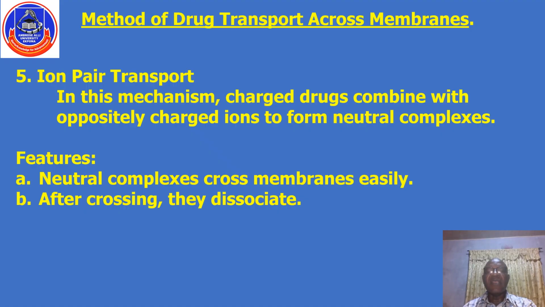The neutral complexes that are formed cross the cell membrane easily. After crossing the cell membrane, they dissociate into their individual components. The importance of this is that it enhances absorption of highly ionized drugs. So drugs that are highly ionized pass through the cell membrane through this method.